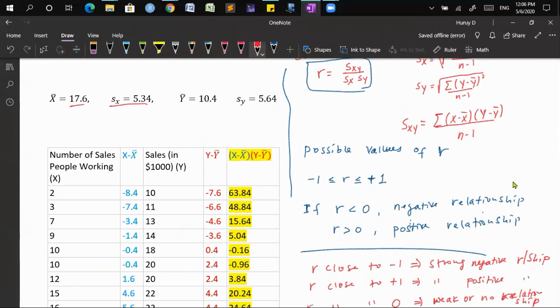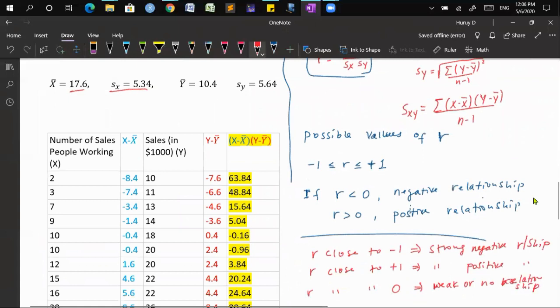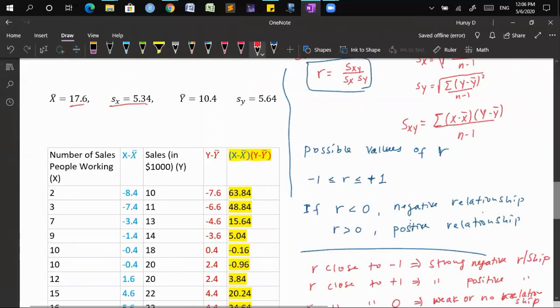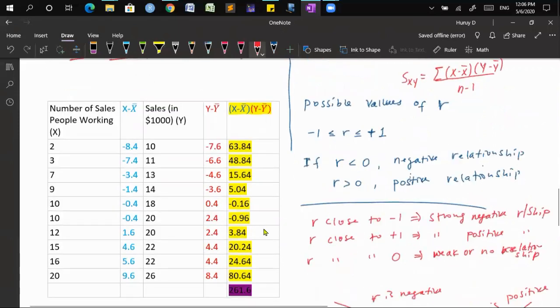Independently, we can find the mean of these values, and I got the mean to be 17.6, and the standard deviation of these x values, s sub x, is 5.34. And the same for y values.